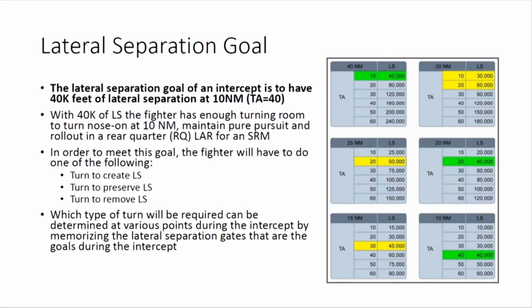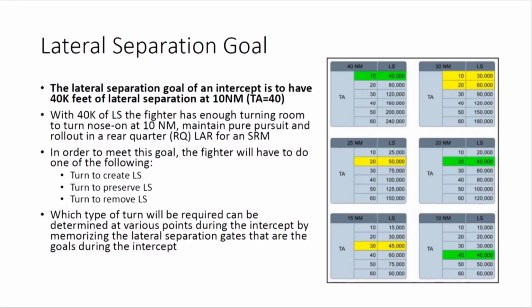With 40,000 feet of lateral separation, we have room to turn nose on at that 10 nautical miles, maintain a pure pursuit, and roll out at the rear quarter of the bandit at about a mile, mile and a half, launch acceptability region for a short-range missile shot. So that's really the end goal of an intercept, to arrive at 10 nautical miles with 40,000 feet of lateral separation.